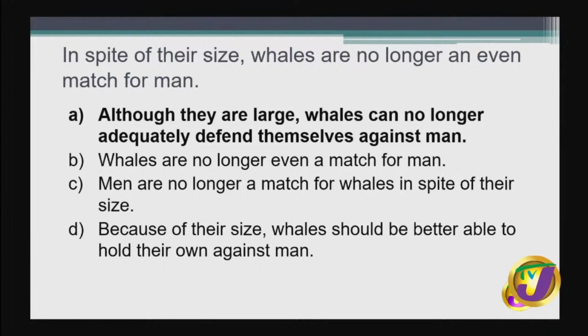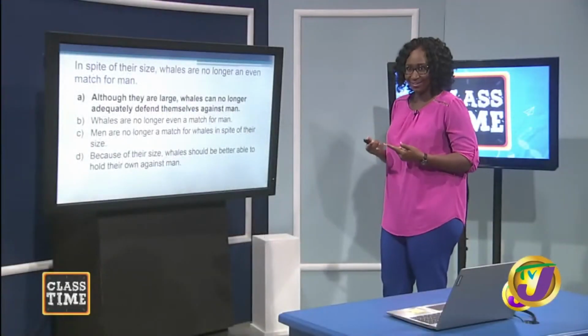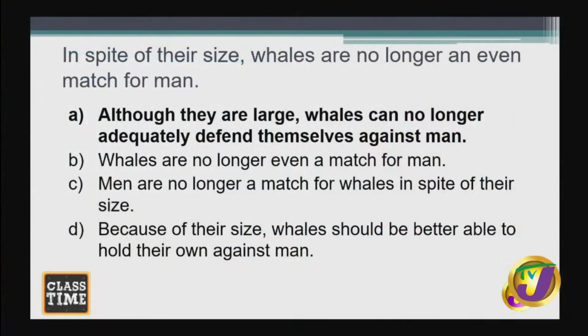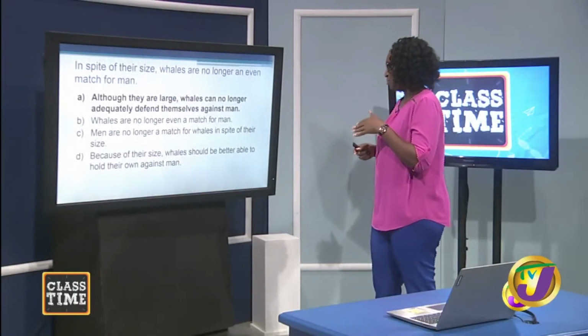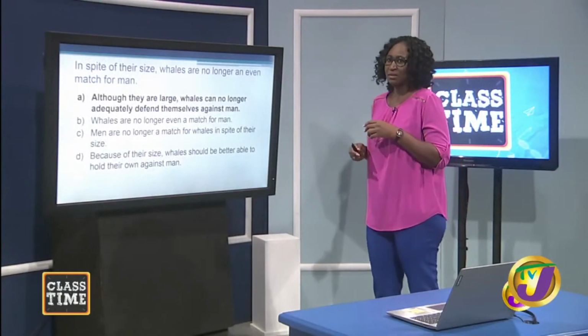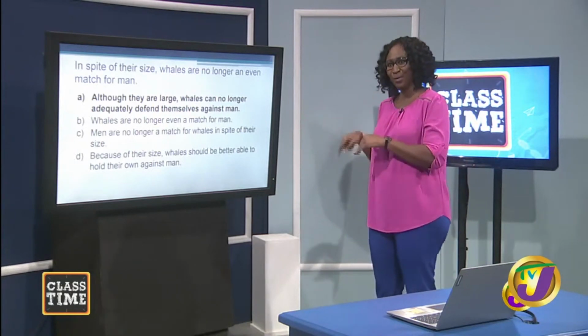Now, if you look at the rest, when it says whales are no longer even a match for man, it doesn't say why they're no longer a match. So we didn't get the idea of them being large. The next one says, men are no longer a match for whales in spite of their size. That one definitely is not the answer because it is focusing on man and not the whale.